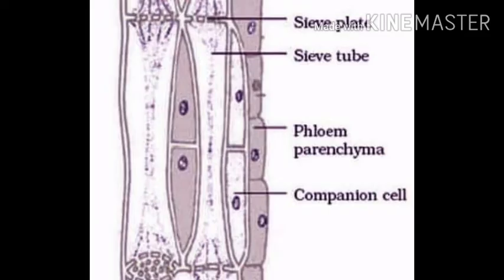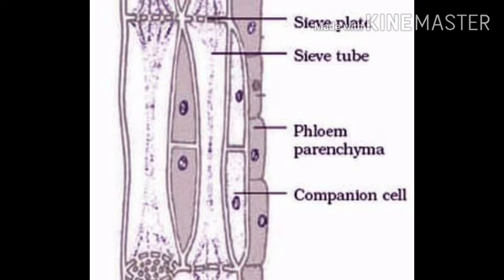This means phloem fibers are dead cells. Again, I am repeating, except phloem fibers, all three are living cells: sieve tubes, companion cells and phloem parenchyma.